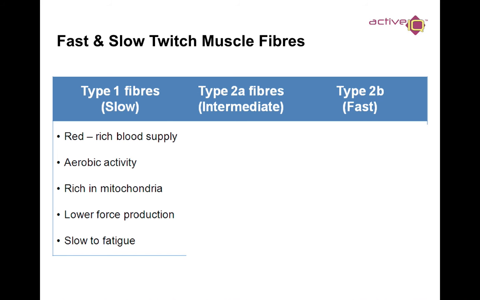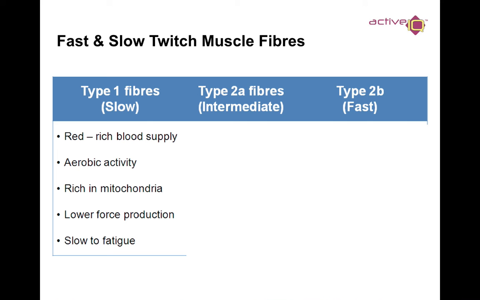And the characteristics: type 1 fibers are slow twitch. They have a very good blood supply, which gives them a very deep red colour, because they have a lot of capillaries in there. These fibers are primarily used for aerobic activities, so activities where oxygen is present.